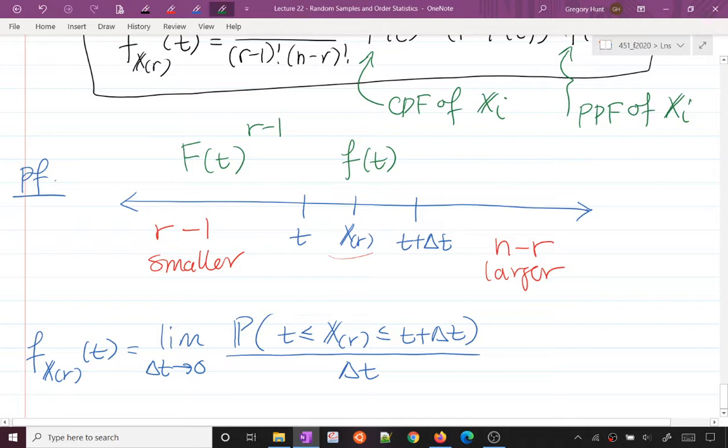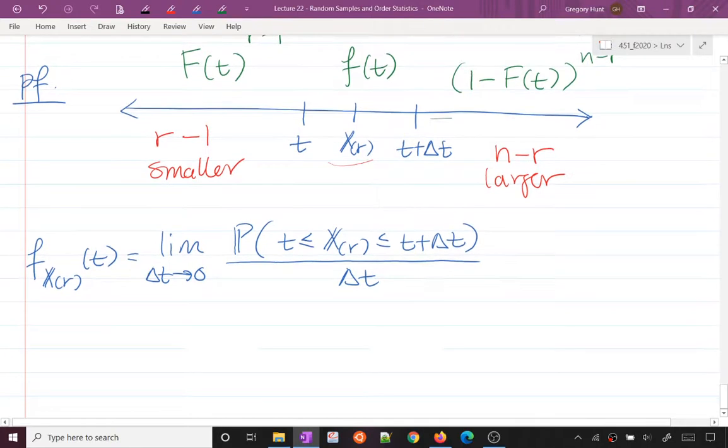And by a similar argument, this would be the probability of n minus r larger. The probability any of my random sample is larger than, let's just say t, is basically 1 minus F(t). As this interval goes to 0, this is going to be true. And because I have n minus r of them, and they're independent, that's 1 minus F(t) to the n minus r.